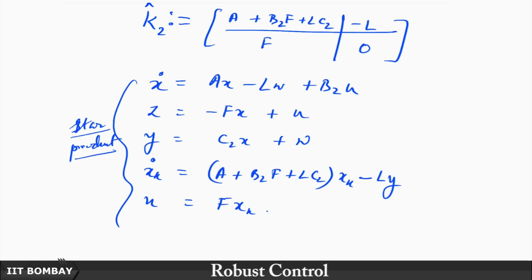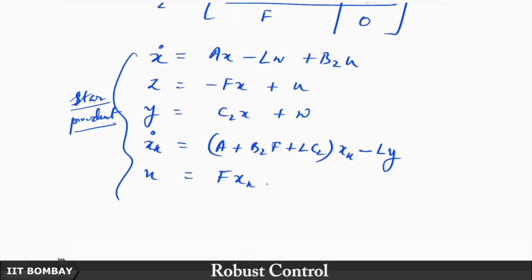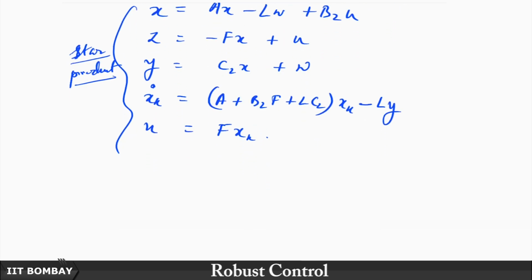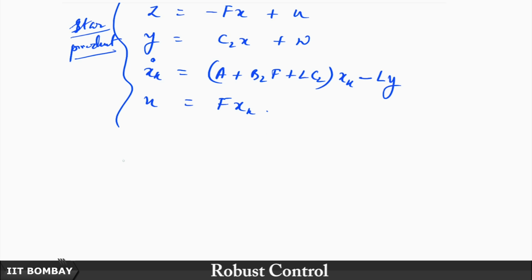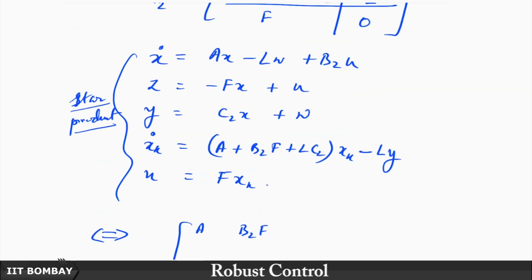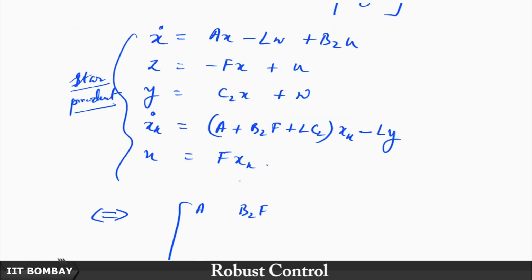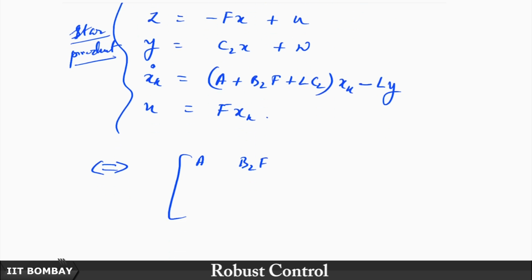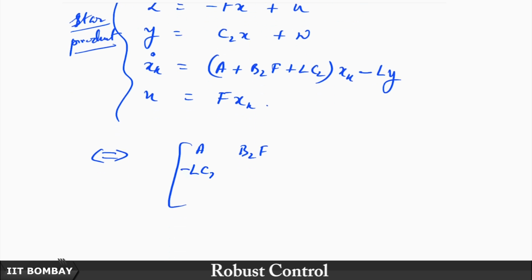So next time when I write this sort of equation, you will immediately know we have put the plant and controller in the 2 by 2 block form. Now what does this entail? If we write this in the packed matrix notation, this is tantamount to A, B2F, because u remember is just Fxk, A, B2F, minus LC2 and A plus B2F plus LC2.